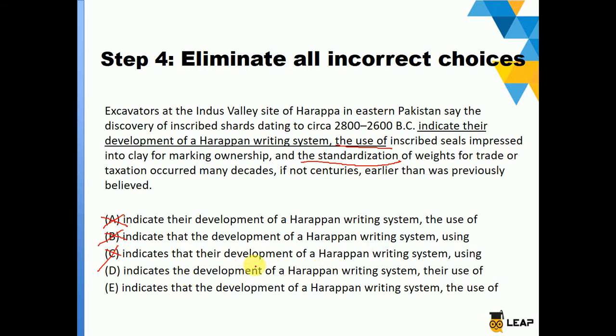Indicates the development of a Harappan writing system. But oh, look at that. This has already messed it up. The use of here has been changed. I already told you that it needs to be the use of and the standardization, right? Because it's a parallelism thing. If the standardization is preceded by the, then the use cannot be preceded by there. So this is wrong. Thus your answer is E.